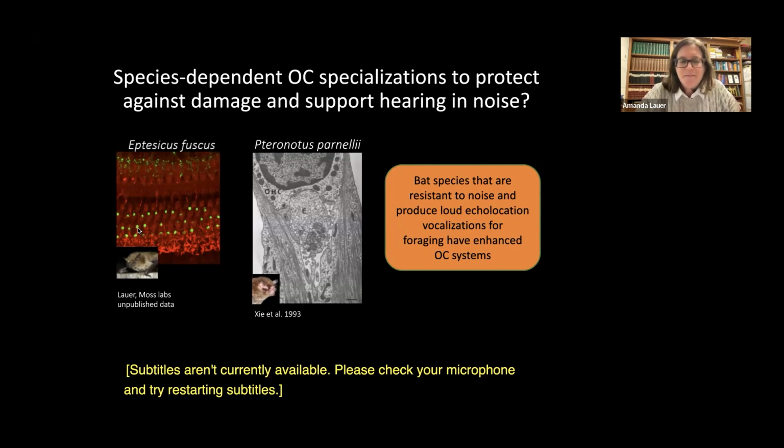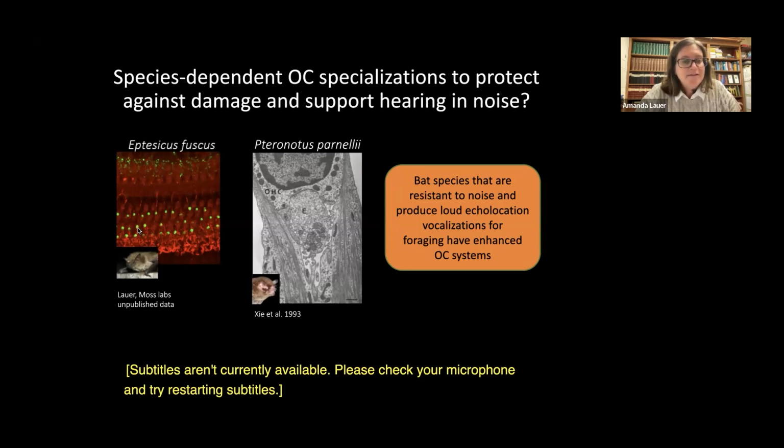It's actually almost as difficult to procure and deal with bat inner ear tissue as it is to deal with human inner ear tissue. But we do what we can to harvest tissue from animals that are at the end of their experiments, basically for physiological experiments and other purposes.